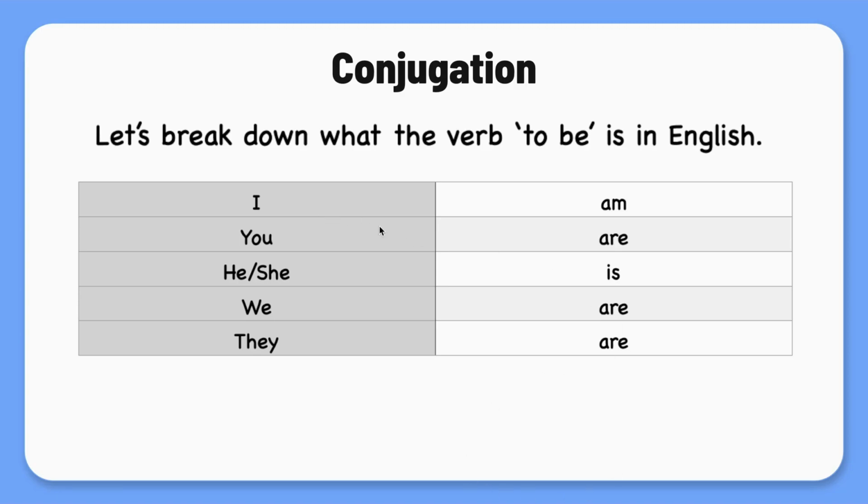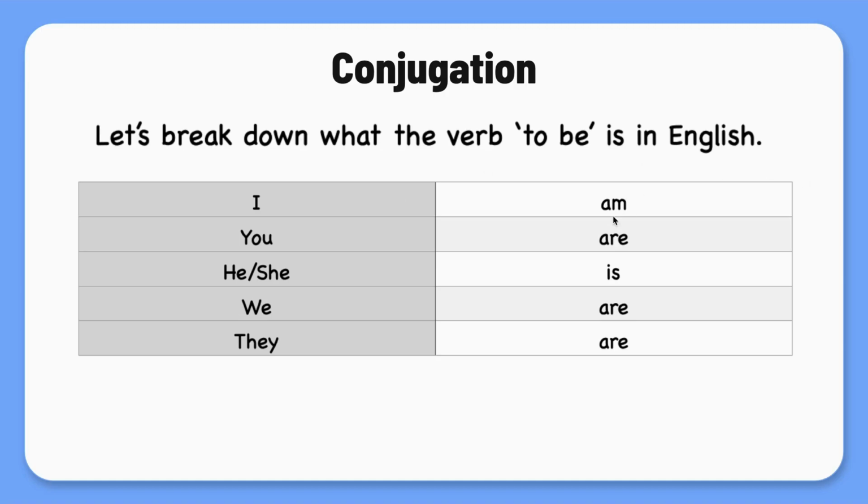So, I am, you are, he or she is, we are, they are. If you notice, a form of the verb matches up with whoever is talking, and that is the purpose of conjugation. We change the form of the verb to match it up with who is speaking or who is doing the action. So, this is the conjugation of the verb to be in English.